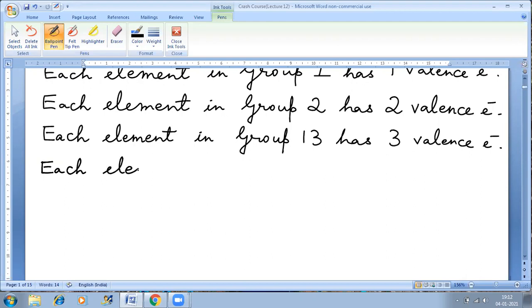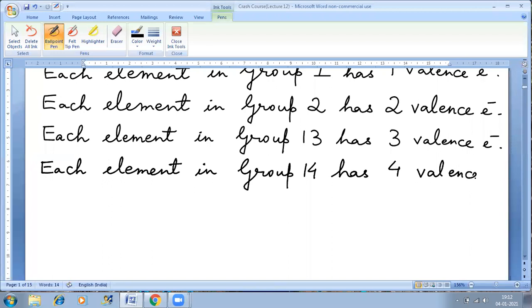Each element in group 14 has four valence electrons. Likewise, you should remember all these things.